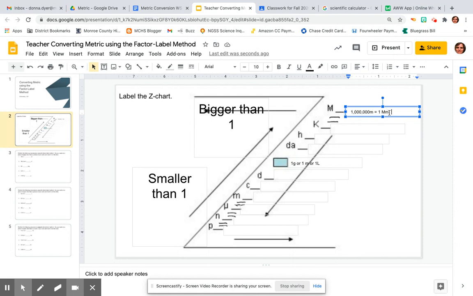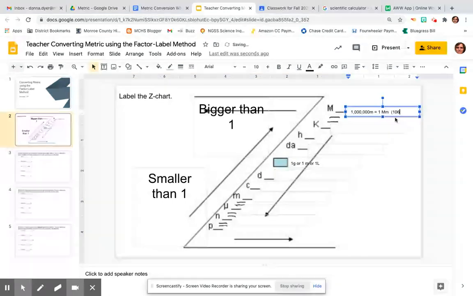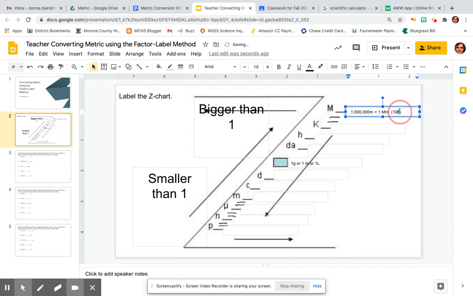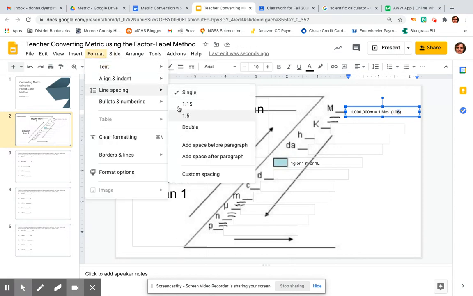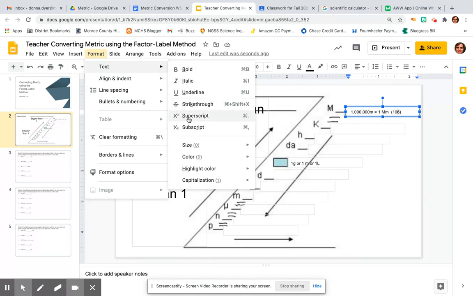I'm using meter here, but it could be gram or liter as well. If we were going to put that in terms of exponents, a million is 10 to the 6th power, because sometimes you'll see it written that way.